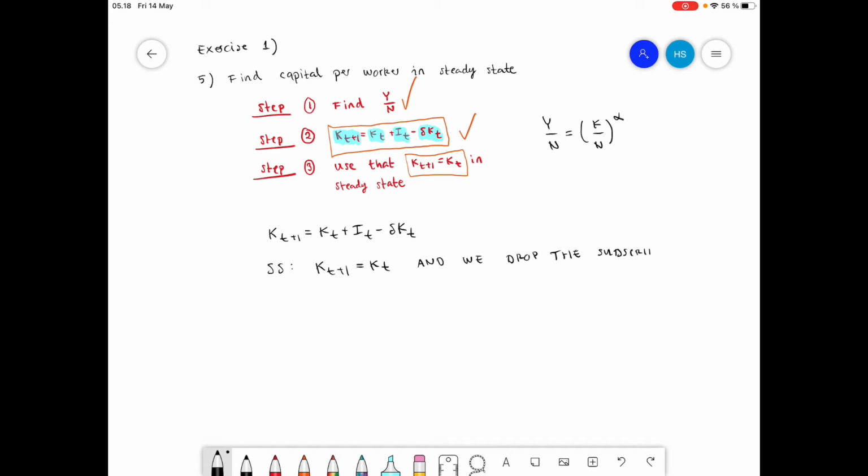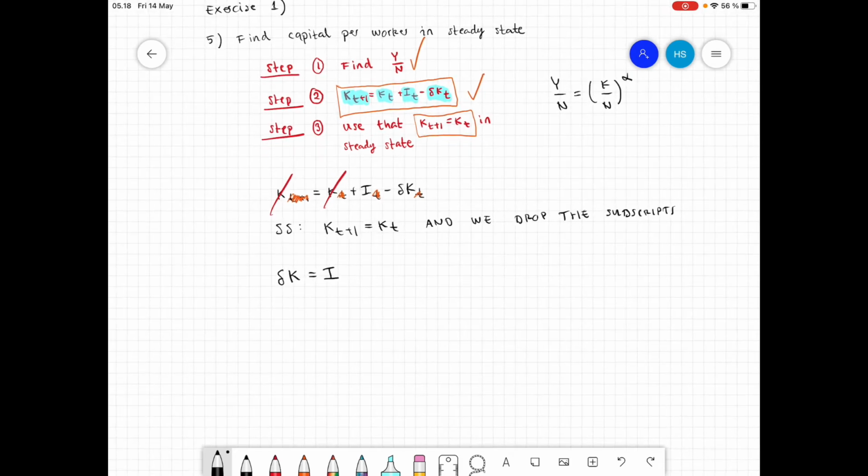So we drop all of these timing subscripts. Okay. So K_{t+1} is equal to K_t. Then we have that K cancels out. And then we end up having delta K should be equal to investments.